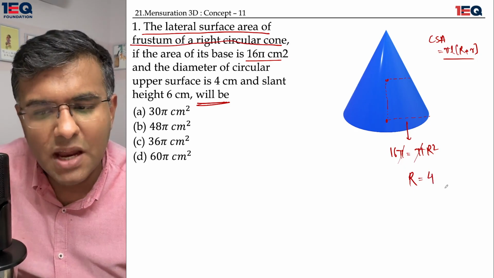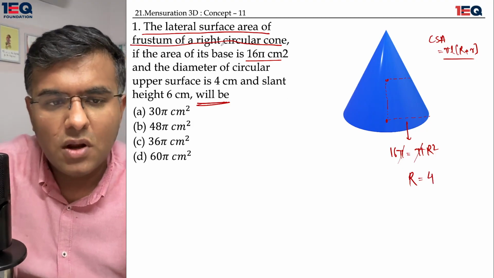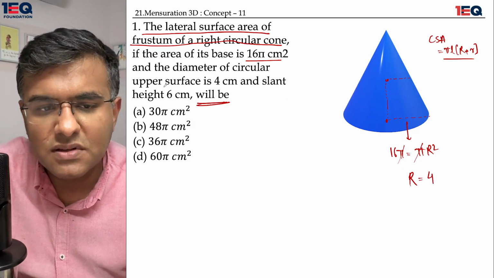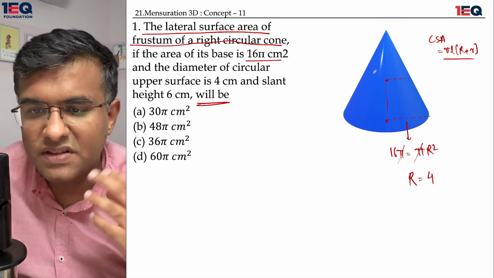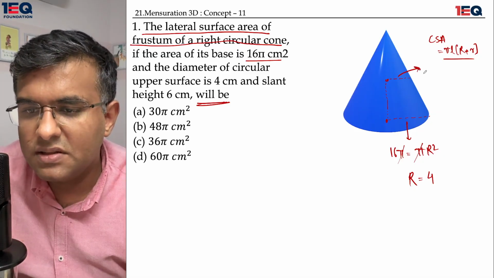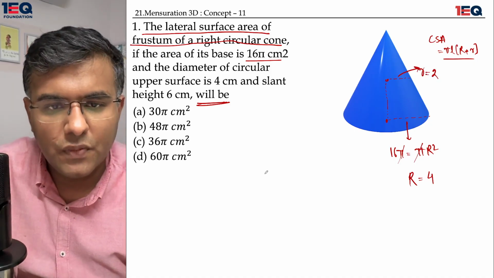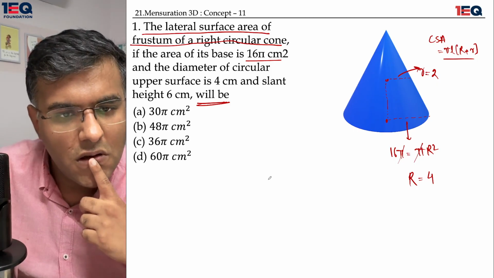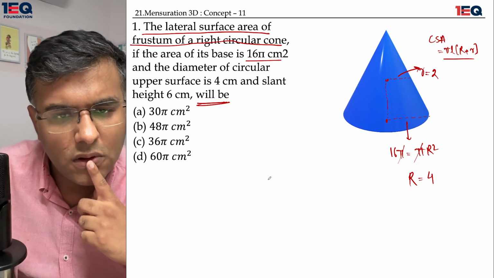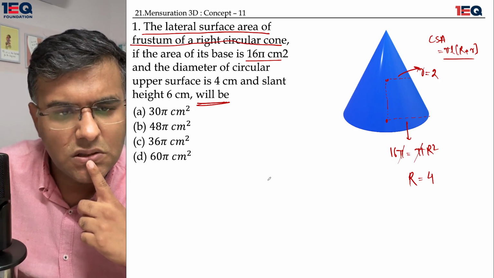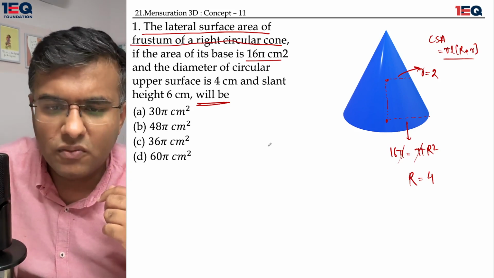So I have my capital R as 4. Now, I have the diameter of the circular upper surface. This upper surface diameter is 4. That means the small r radius is equal to 2. Do I need to find out the slant height? No, we already have the slant height.